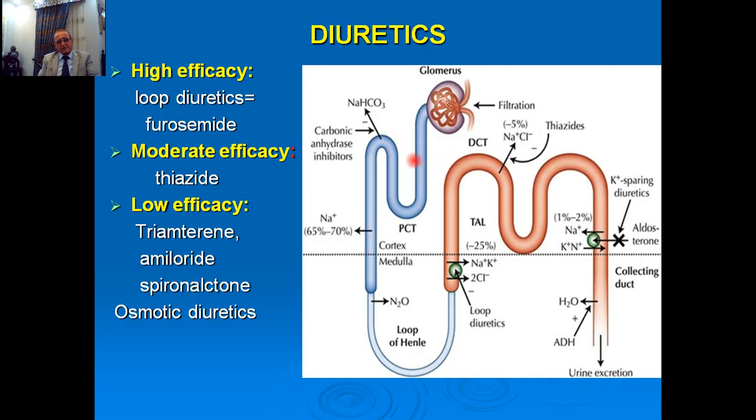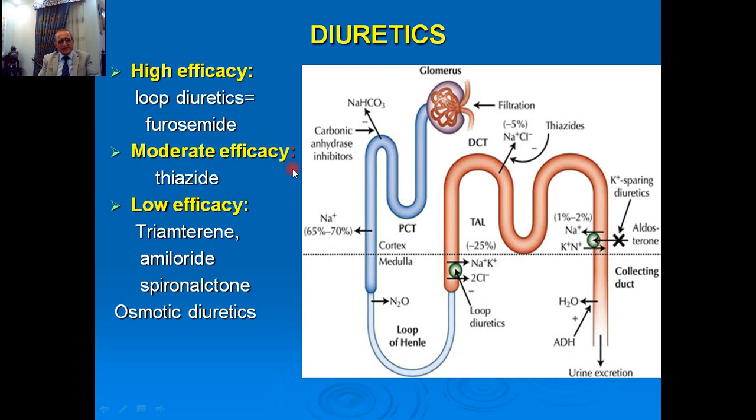I will give a summary or a bit of detail of each group of drugs, and you can go back to your textbook. Diuretics, this is the normal filtration of the kidney. This is the proximal convoluted tubule, Henle loop, and then the transverse and descending, etc. You have three groups of diuretics: the high efficacy, the moderate efficacy, and the low efficacy.